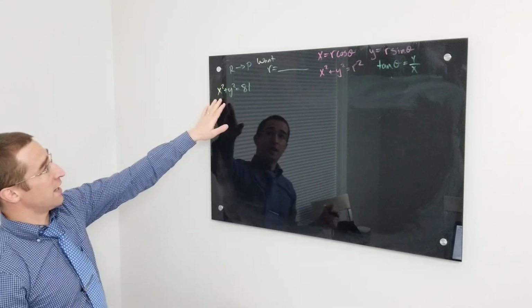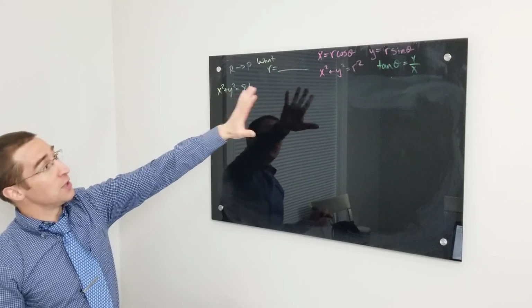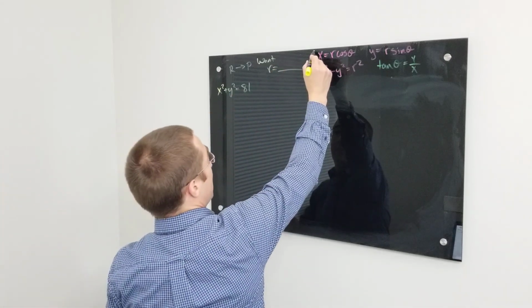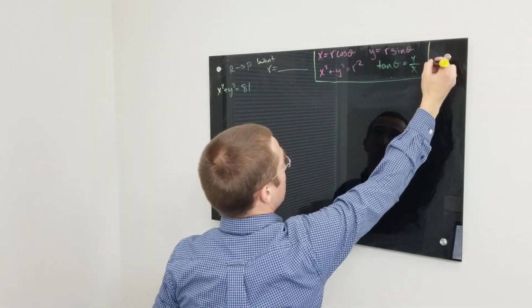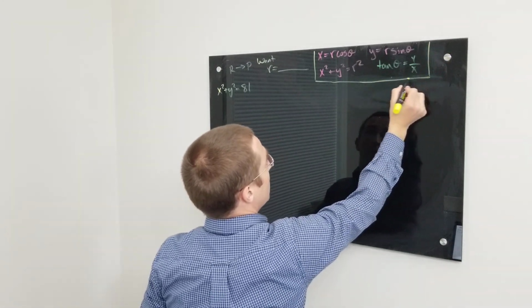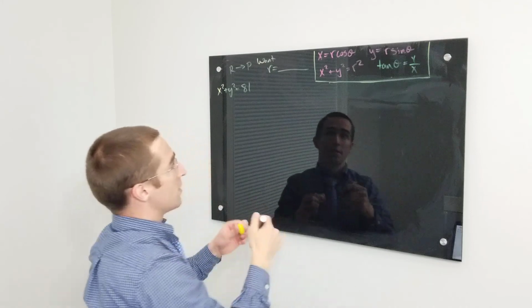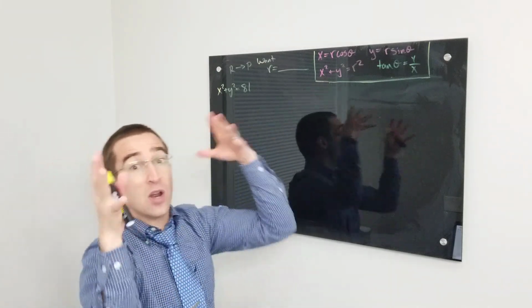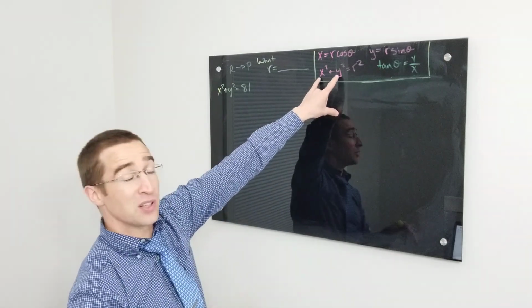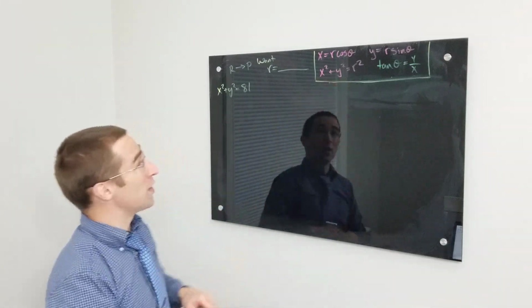All right, here, x squared plus y squared equals 81. So we look at what we know, and that's this stuff over here. These are true statements. So I'm like, hey, check it out. x squared plus y squared equals r squared. We can substitute or replace the x squared plus y squared with an r squared.